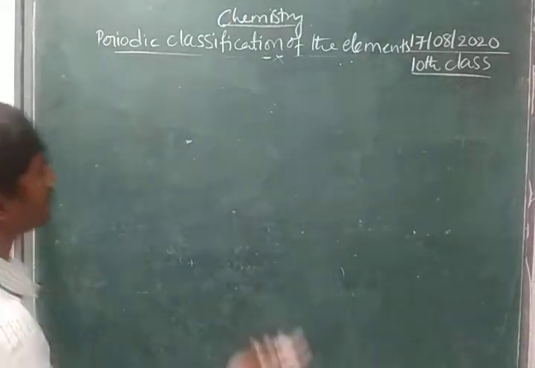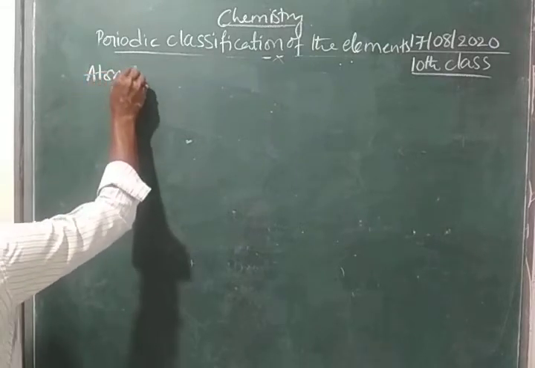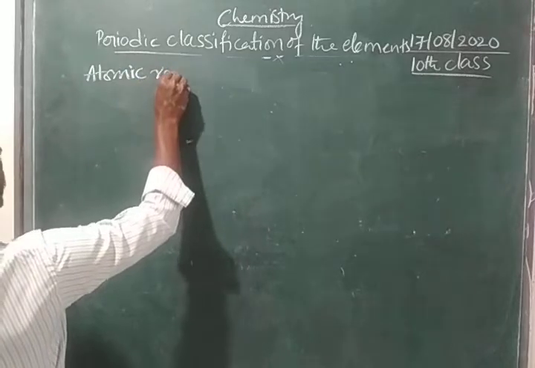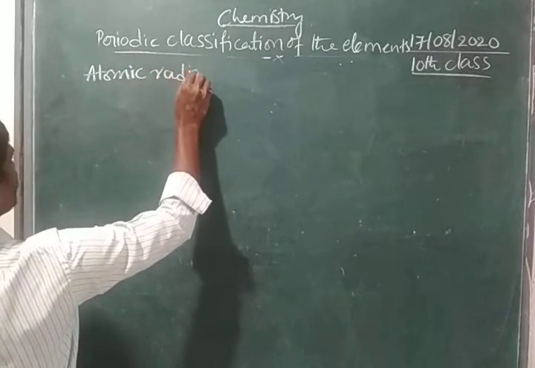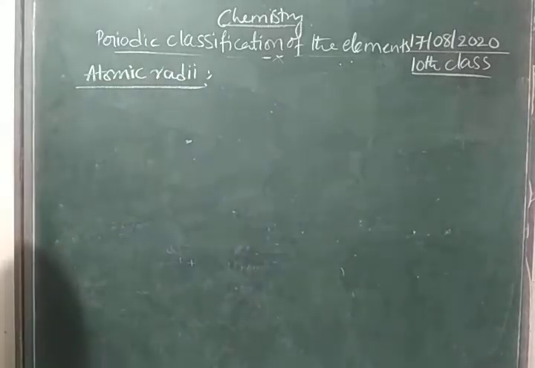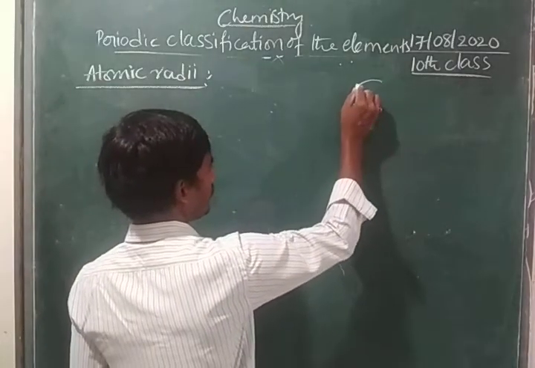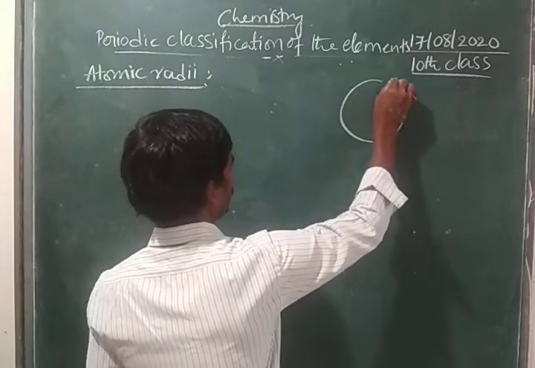See here, the first one is atomic size or atomic radius. See children, what is meant by atomic radius or atomic size?